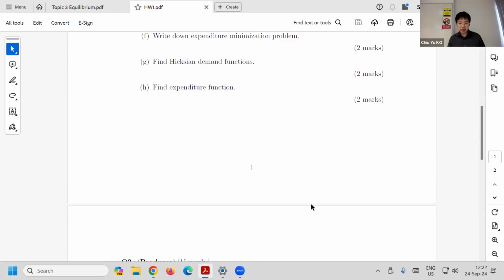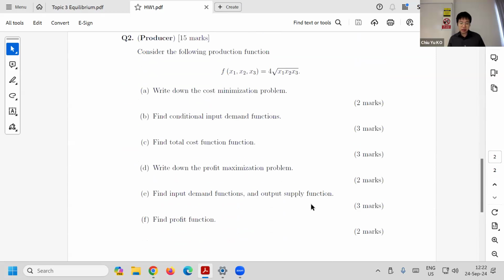Some of you asked me a particular question. The maximization problem, the profit one, may not exist, because the function f is increasing in terms of scale. In that case, these are not really well defined.